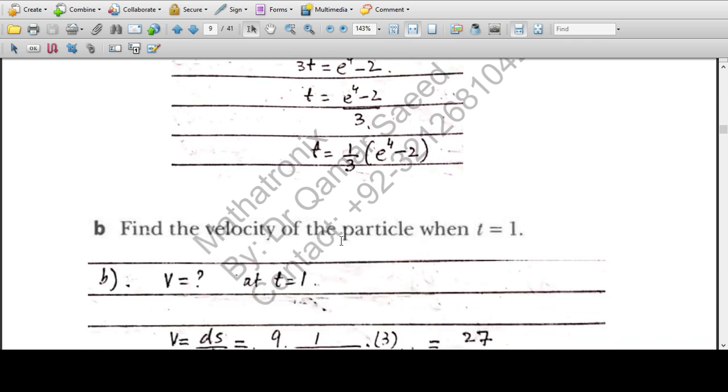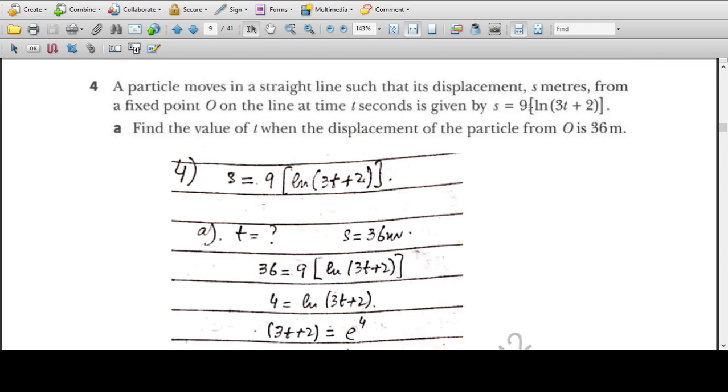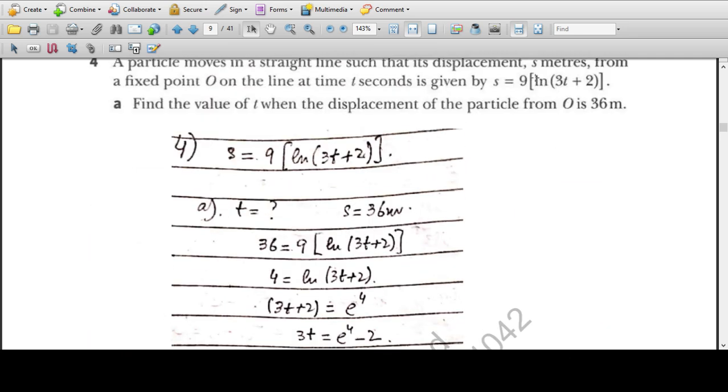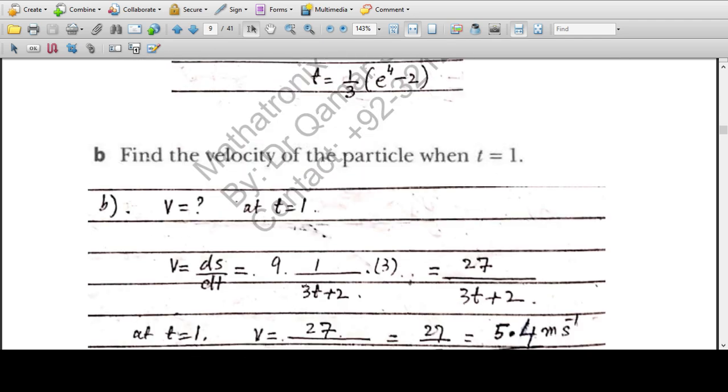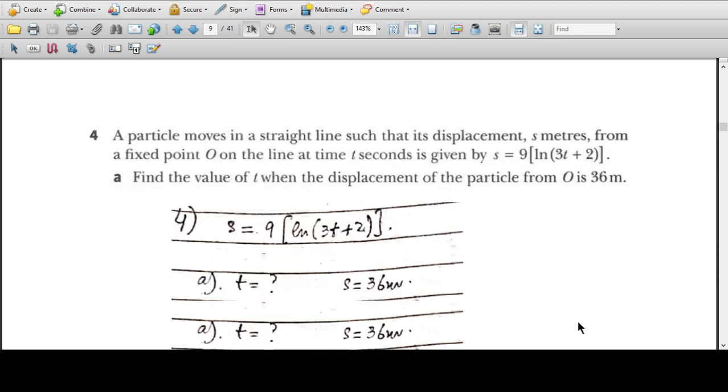In part B, find the velocity of the particle when t is equal to 1. So we have to differentiate this. This is displacement or distance, so we have to differentiate it: ds by dt. On differentiation we obtain 9, and the ln becomes 3t plus 2 in the denominator, and 3t is differentiated to 3 in the numerator.